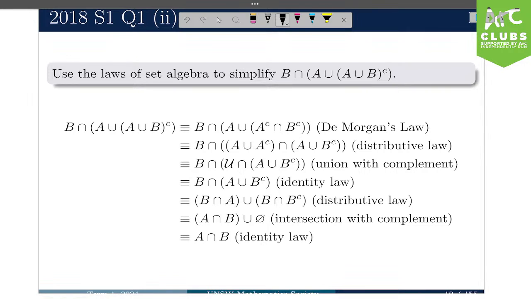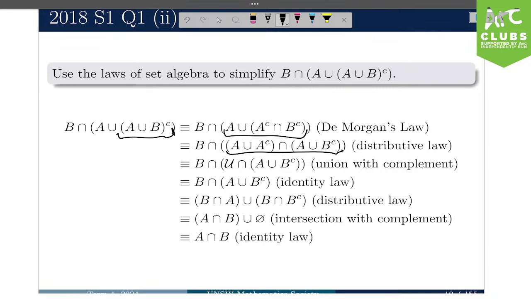So we're looking at this particular part of the expression. We've got the union of A and B, but the complement of that. And De Morgan's law says that we can bring that complement inside and change that union to an intersection, all right? And then now when we're looking at this part, we can distribute that to yield this, right?